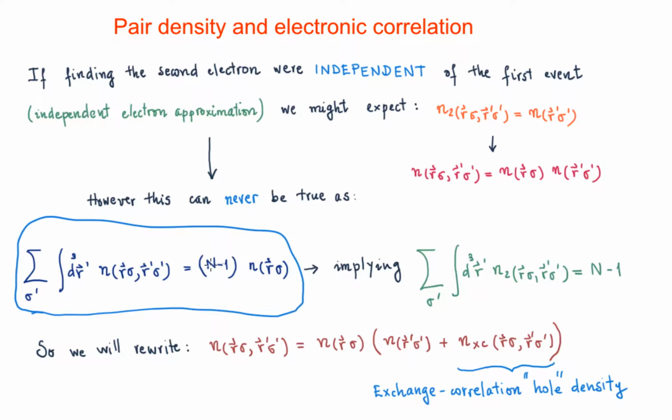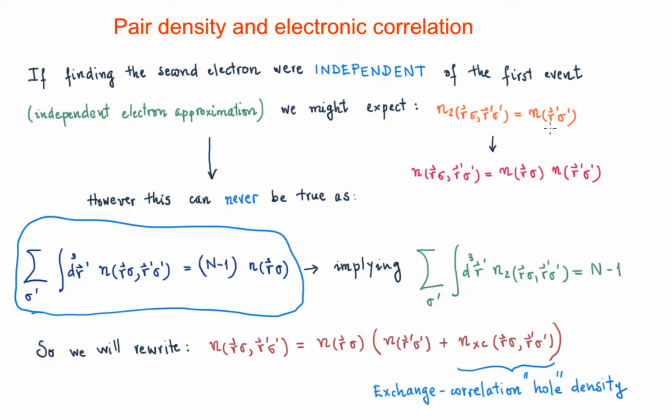And if we apply here the definition we have considered for the new way of writing the pair density, which is the product of n times the conditional probability N2, then we have the constraint that the conditional probability N2 needs to satisfy: the summation over sigma prime and the integration over R prime of N2 is equal to n minus 1.